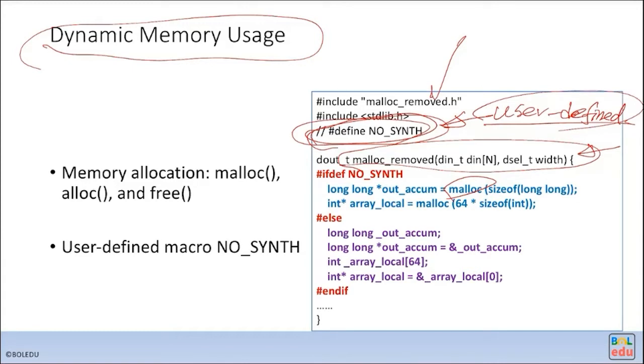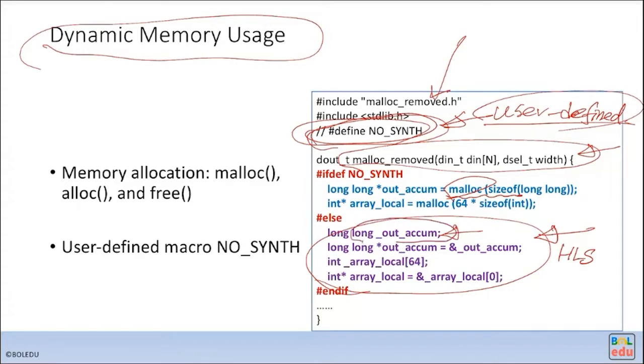So with malloc in HLS, all the memory or data has to be statically allocated. You have to allocate this memory, and then have a pointer point to it.